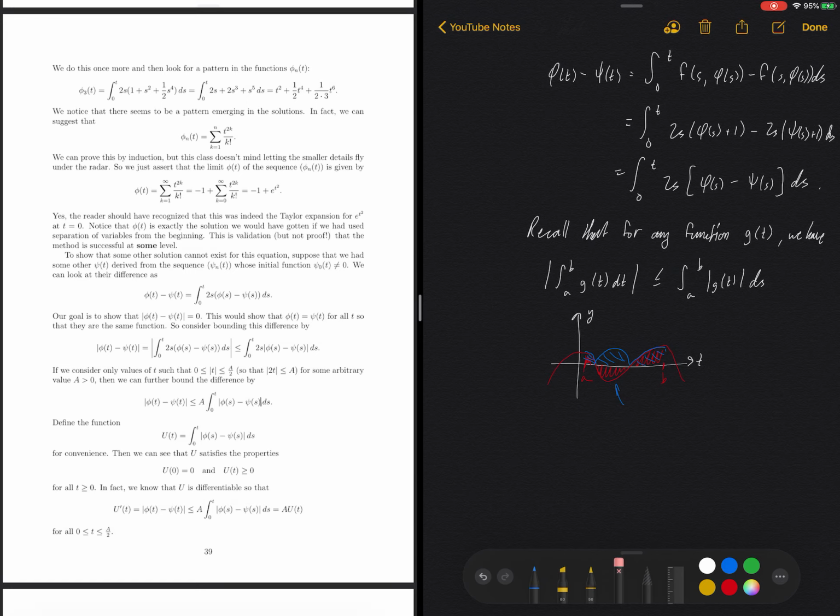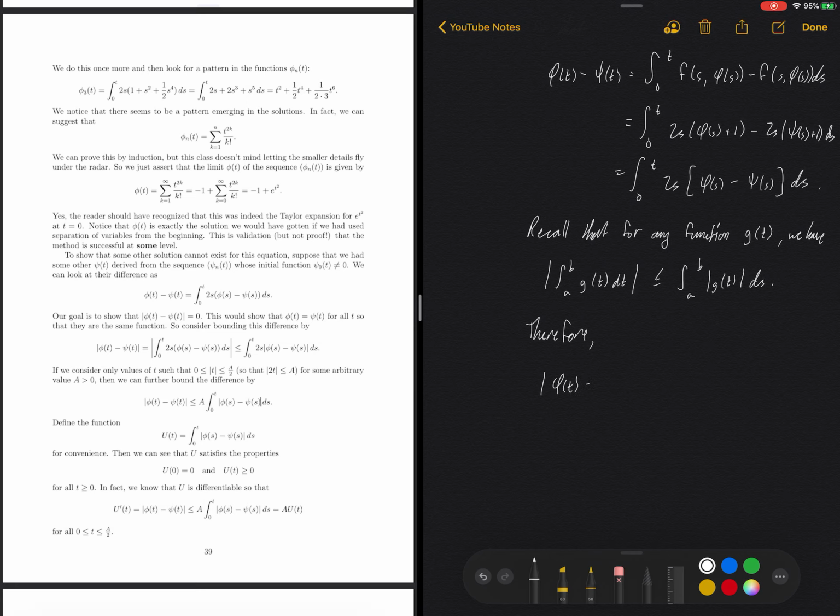So if I take the absolute value of this function, then I'm definitely adding. I'm definitely not detracting any area from this. I very well could be adding area to this integral. So that's why, or at least heuristically, that's why that inequality holds.